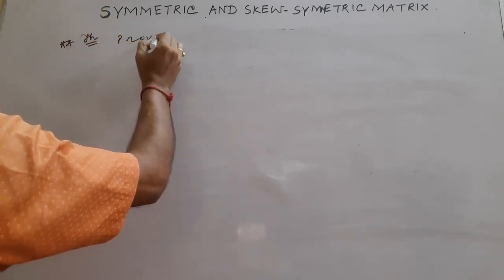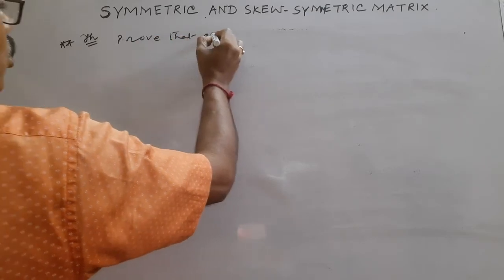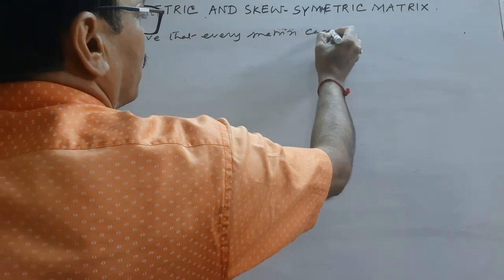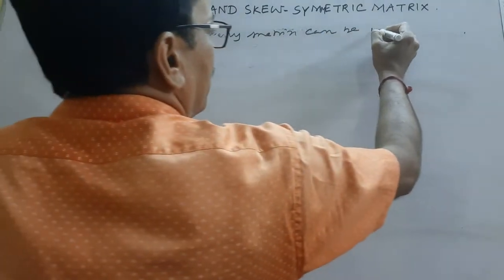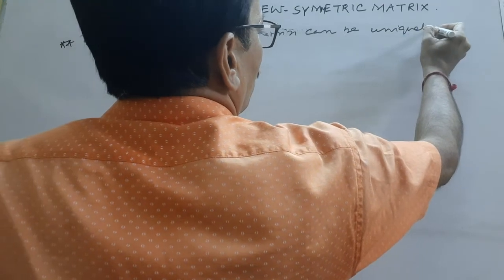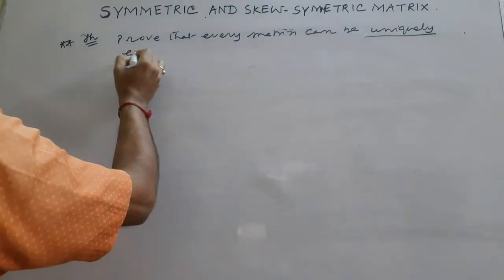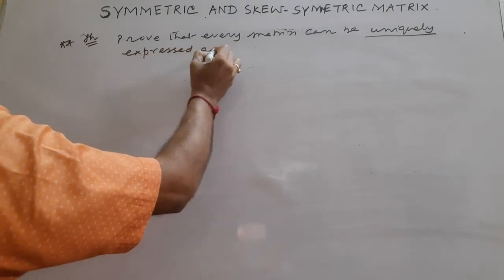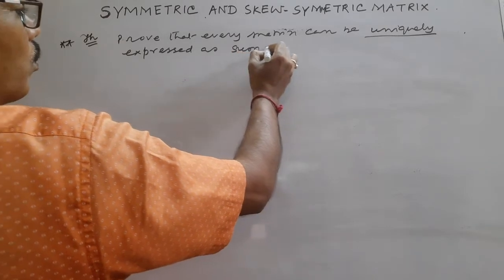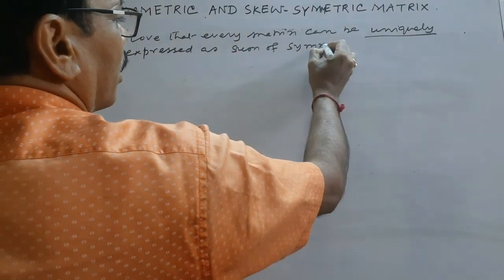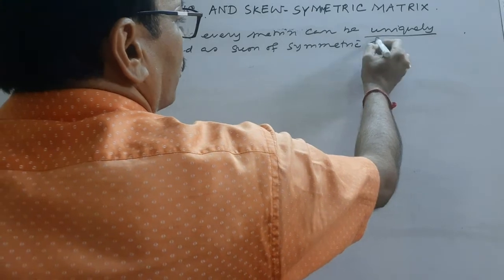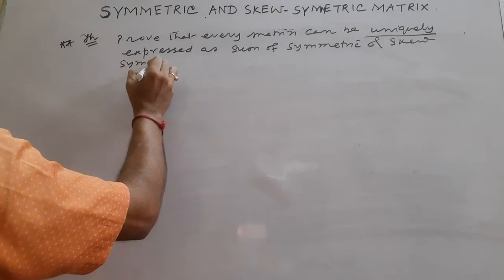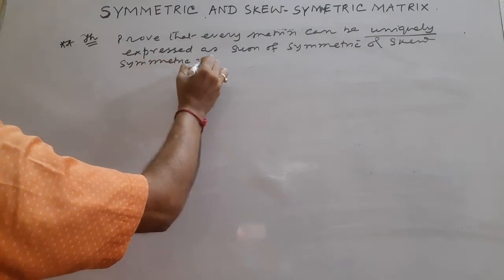Prove that every square matrix can be uniquely expressed as a sum of symmetric and skew symmetric matrix.